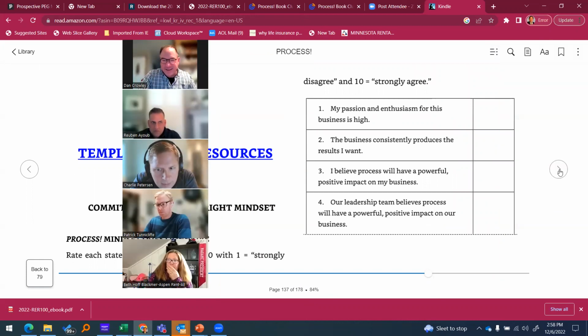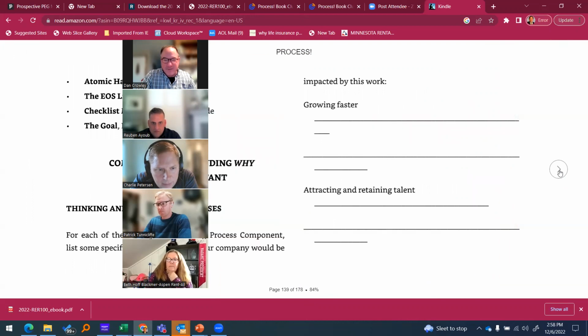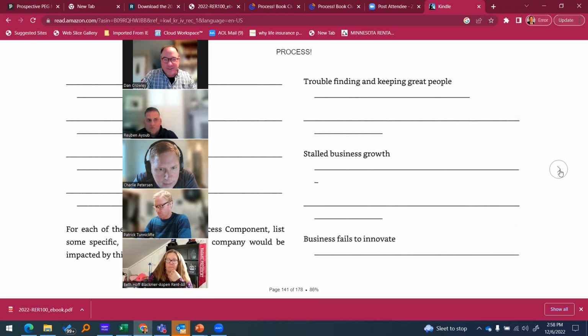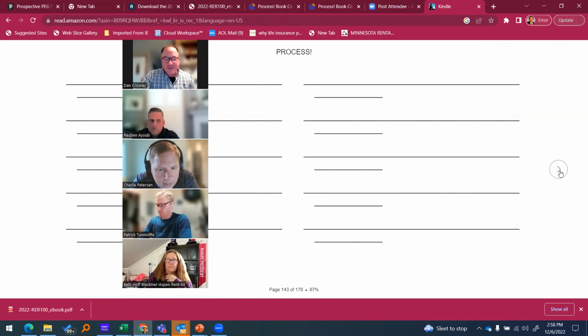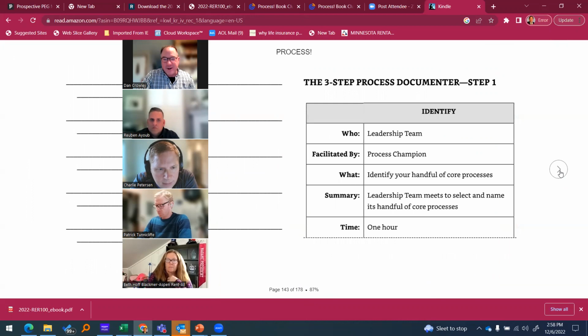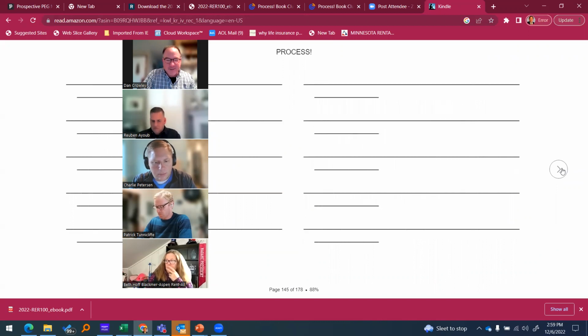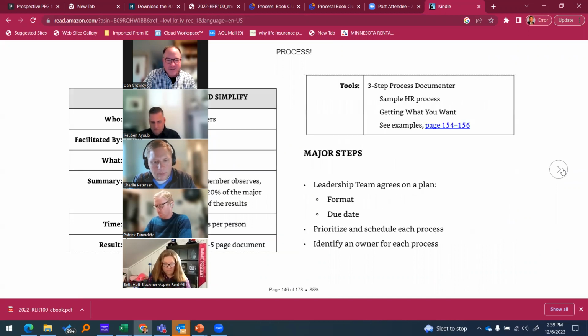There are all sorts of self-tests and questions to answer and fill in. They give you examples walking through the three-step process: documenter, who, facilitated by, summaries. So you can just take the template and go through it step by step, and they tell you what to do at each step.